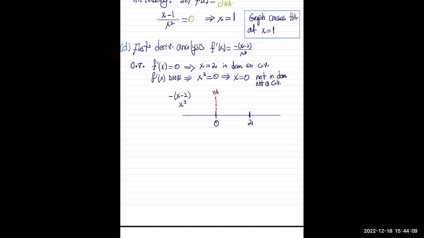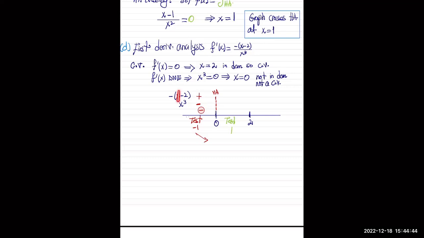Take some test points. Let's test -1. You put -1 here, you get negative times negative, that's a positive. X cubed, -1 cubed, is a negative. The overall sign of the derivative is negative, telling you that the function is decreasing. Between 0 and 2, you can test 1.